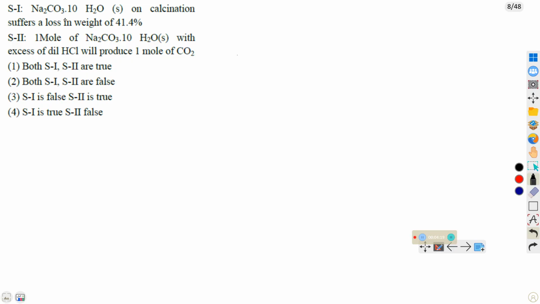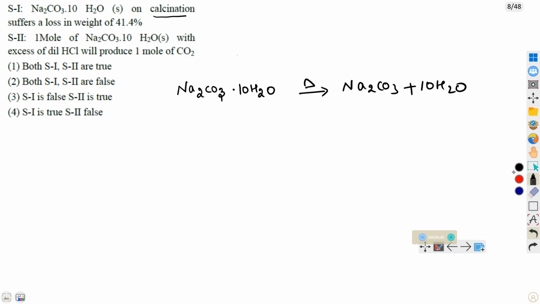Statement 1: Na2CO3.10H2O on calcination suffers a loss in weight of 41.4%. Calcination is the process of heating a given compound in the absence of air. Na2CO3.10H2O on heating gives Na2CO3 plus 10H2O.